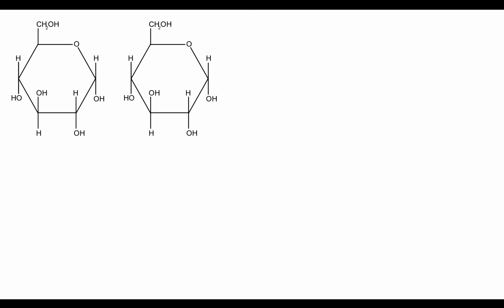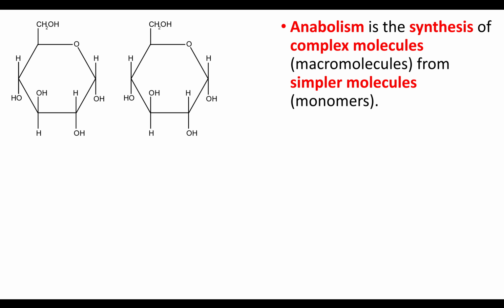So if we understand that, then how does the polarity change when we bring these monomers together? So here we have two glucose molecules, and what we want to do is we want to take these two monomers and we are going to synthesize a more complex macromolecule from these simpler molecules.